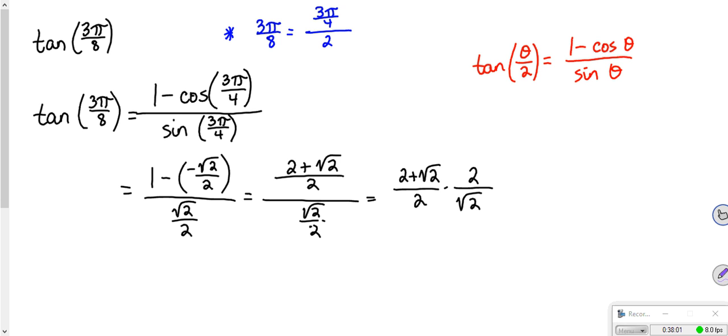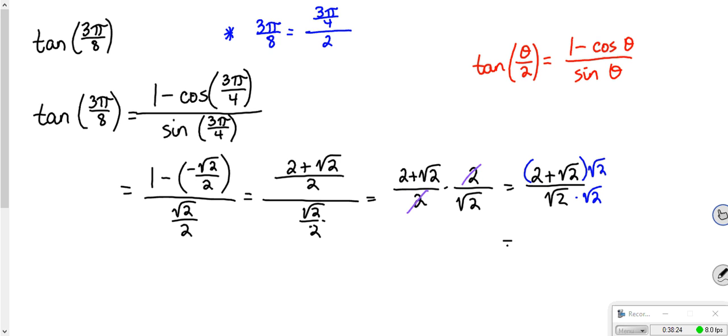Then I can cancel my 2's out, right? This leaves me with 2 plus root 2 over root 2. Now, you can try that in WebAssign. I don't know that it'll take it because they may want the denominator rationalized, which means we've got to multiply top and bottom by root 2.